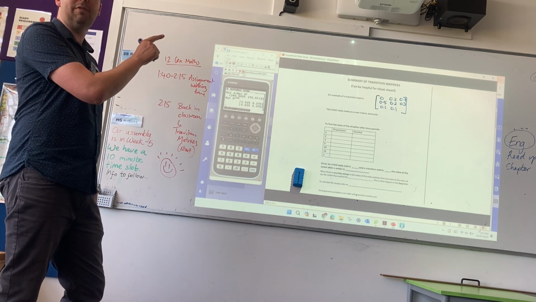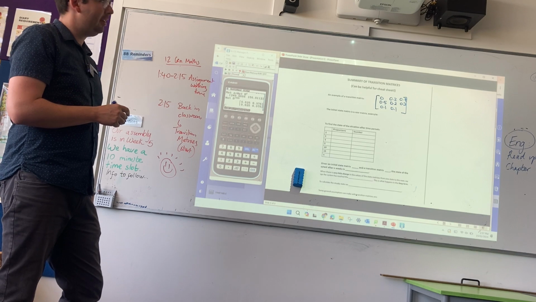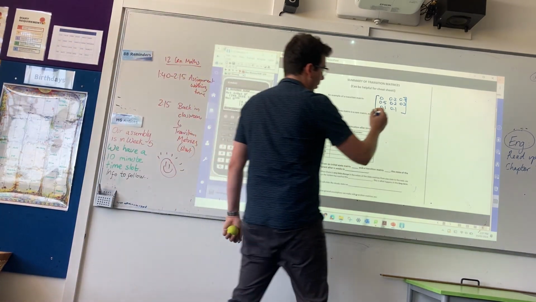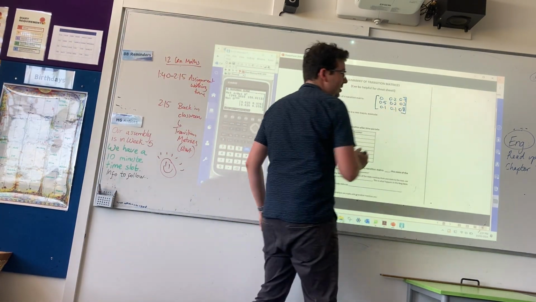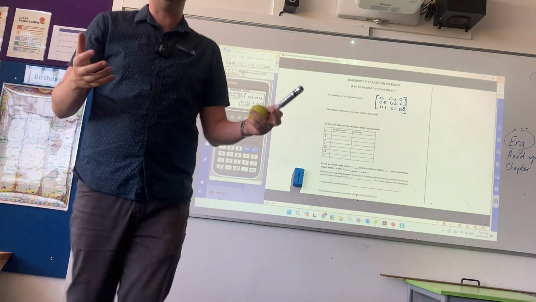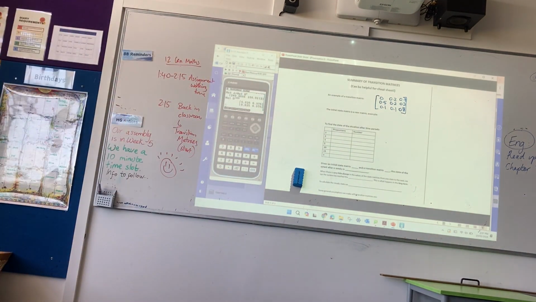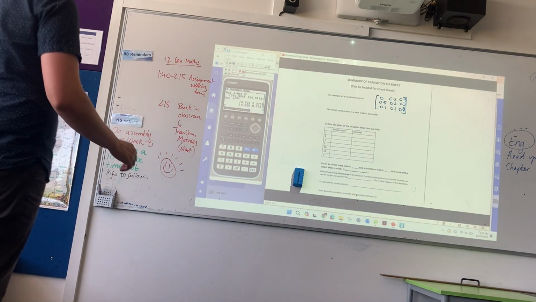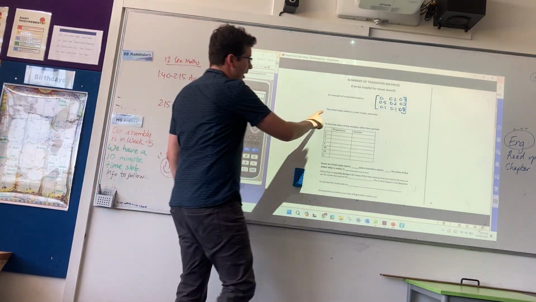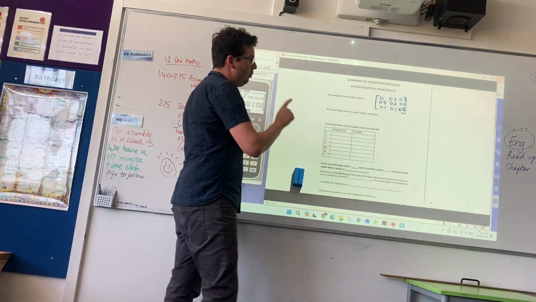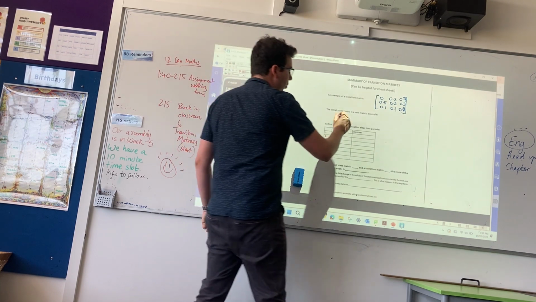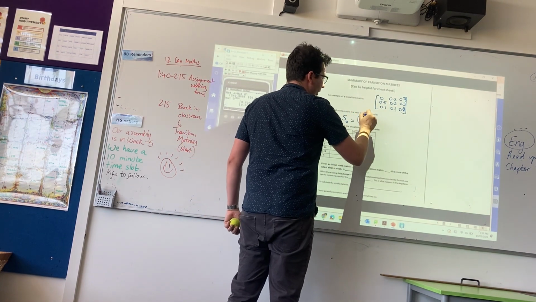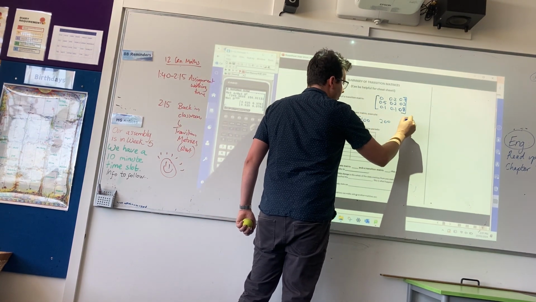What number is missing at the very bottom right of that transition matrix? Good. We haven't looked at it yet, but you can have transition matrices that are like 3 by 3 or 4 by 4, like higher order transition matrices. The initial state matrix is a row matrix, for example. I don't know, let's just make one up. 100, 200, 300.